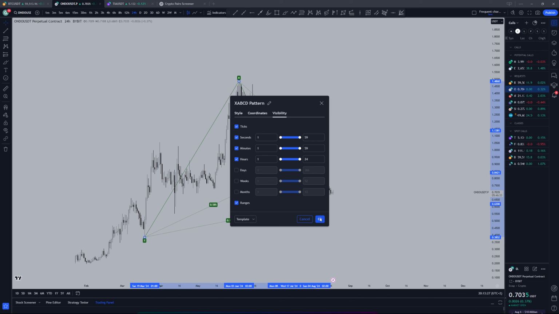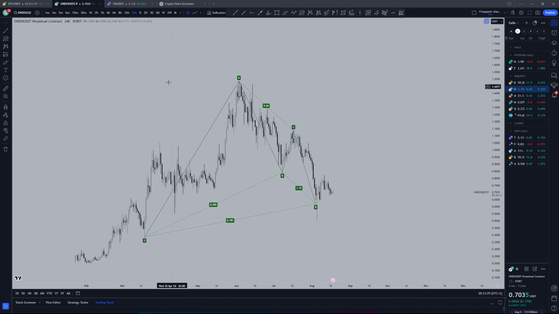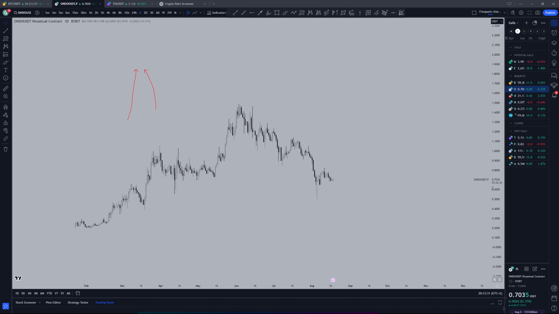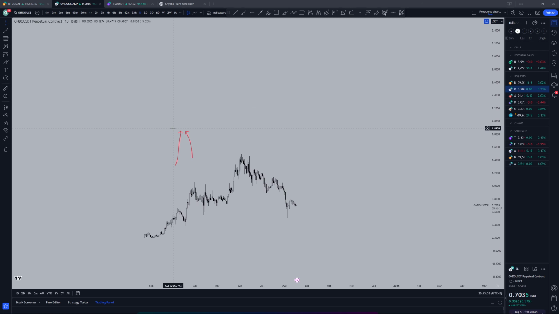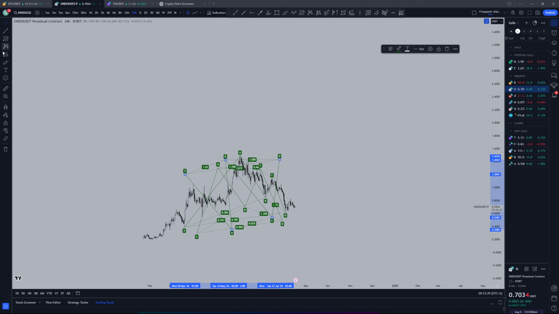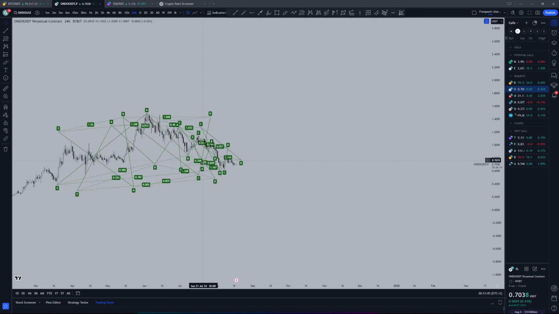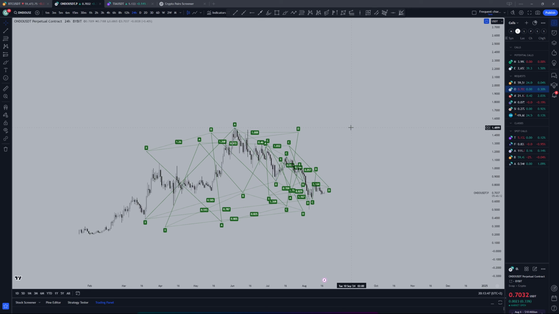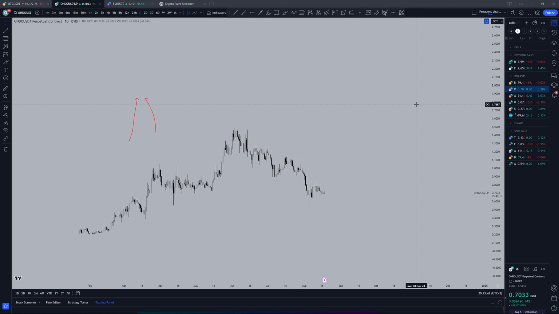So for example, this one is now not visible on the daily. So if I want to look at the daily on like a higher time frame perspective, I can't see it. So if I were to draw a bunch of harmonics like this, and I draw them on a lower time frame as well, right? I have all of these tags on the 24-hour time frame, and if I were to go on a daily time frame, they're gone.